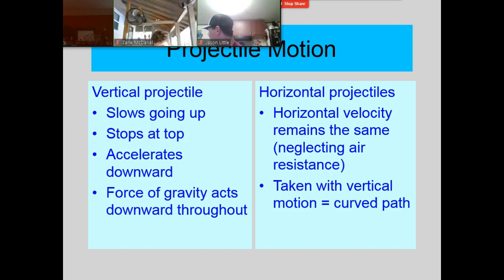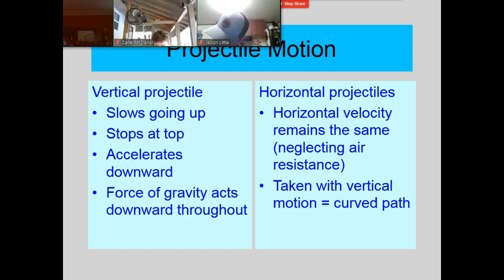That's what we mean by symmetric. The motion is symmetric going up and down. Now, the force of gravity acts downward throughout the process. Force of gravity never pushes something upward, always down, pulling it down.